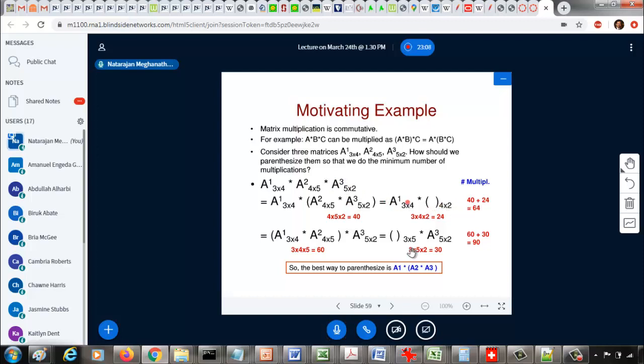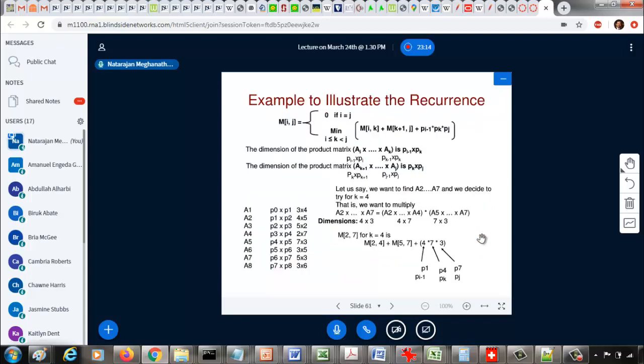K is 1 here, k is 2 here, and we got these many multiplications. We pick the minimum. So in general, we try different possible values of k from i less than or equal to k up to less than j, and pick the minimum of the total number of multiplications we encounter. Like we pick the minimum of 60 and 94. And that's the minimum number of multiplications to multiply from Ai to Aj.